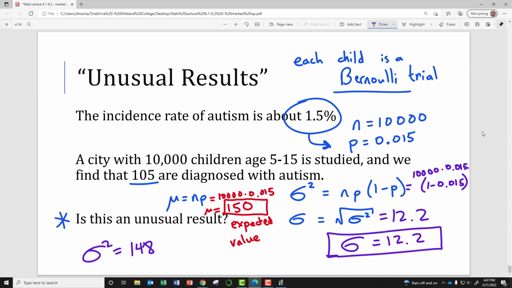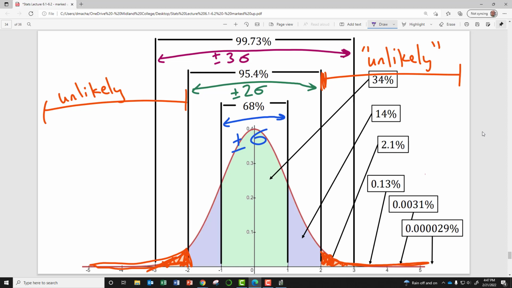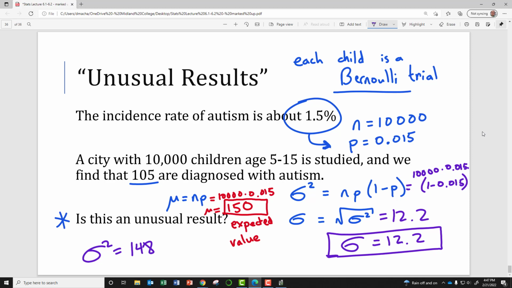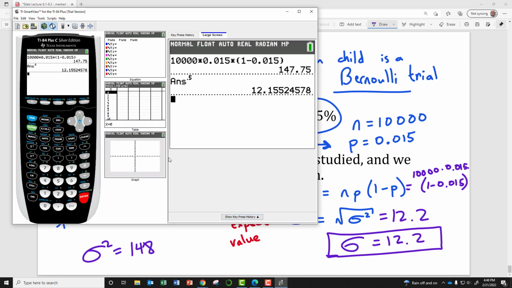So now the question is, is this an unusual result? We've just talked about how we consider it an unlikely or unusual result if it lies outside of 2 standard deviations away from the mean. 105 is less than my mean of 150, so let's take 150 minus 2 standard deviations. We'll do 150 minus 2 times 12.2, and that's going to be 125.6.